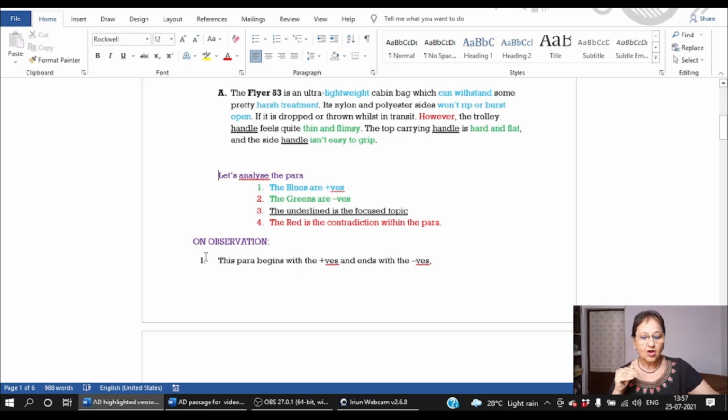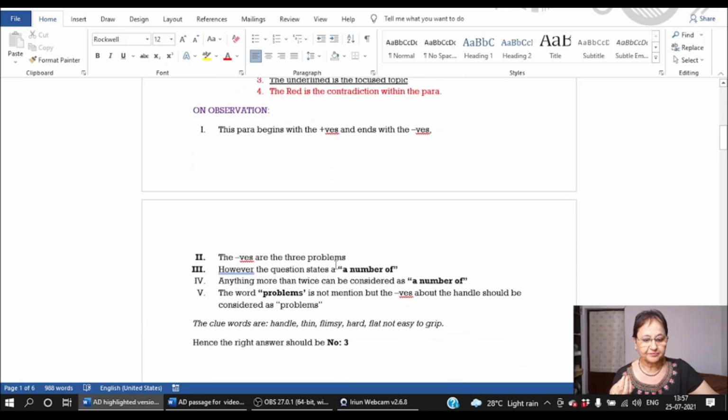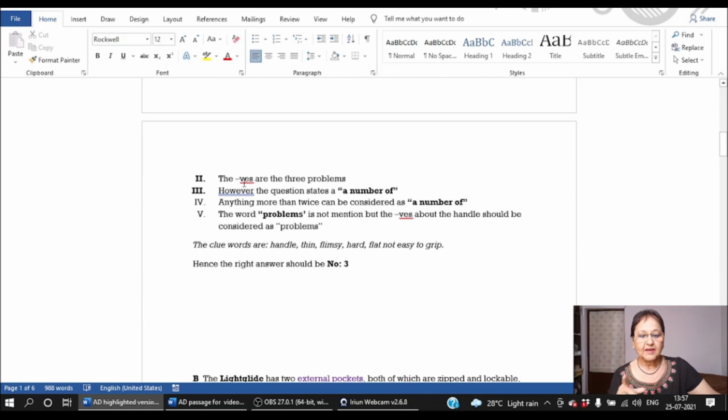Okay. Now on observation, that means after you've come to understand what the paragraph is, this paragraph begins with positives and ends with negatives, with the word however in between. Second point, the negatives are the three problems. However, the question states a number of. So, anything more than twice can be considered as a number of.